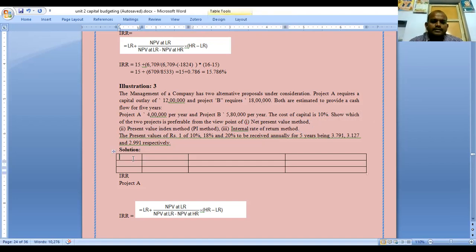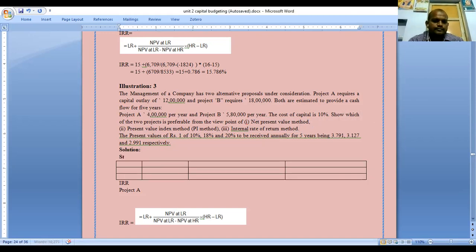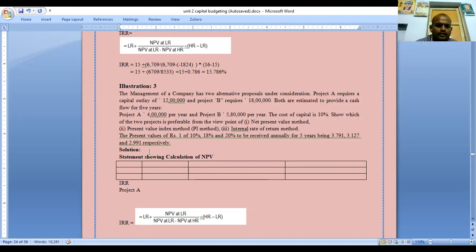So let us prepare a statement showing calculation of NPV and PI.